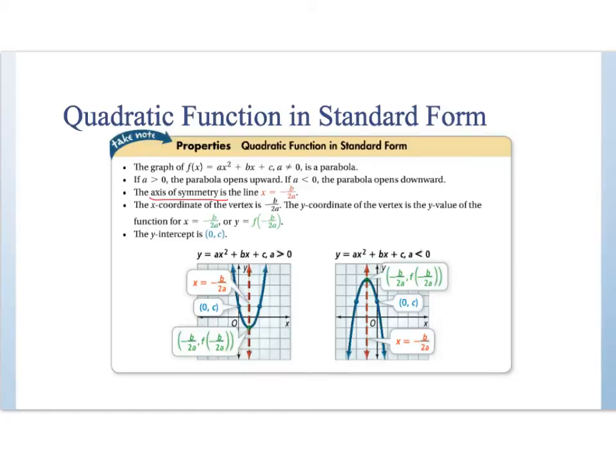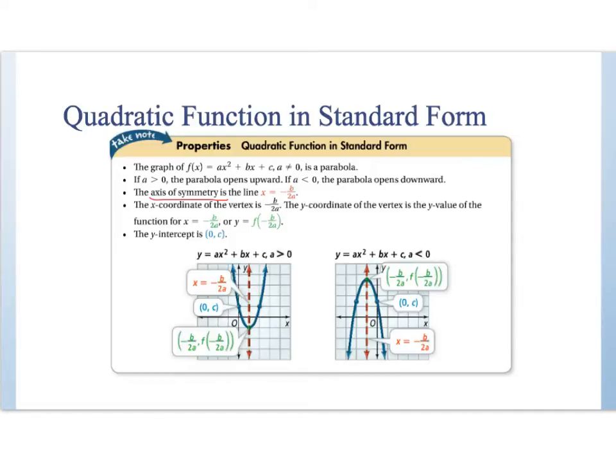From there, to be able to find the x-coordinate, well, the x-coordinate is the exact same thing as the axis of symmetry, okay? But to be able to find the y-coordinate for the vertex, we would have to substitute the axis of symmetry, which is our x value, into our function, into the original function.